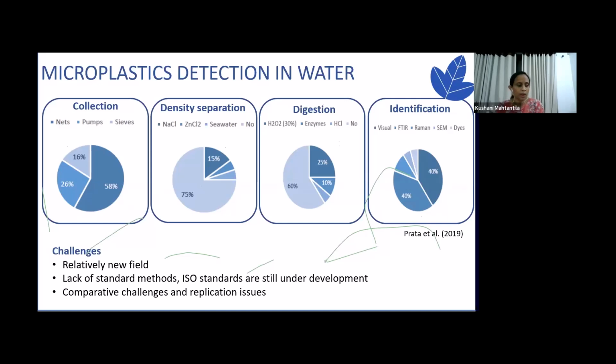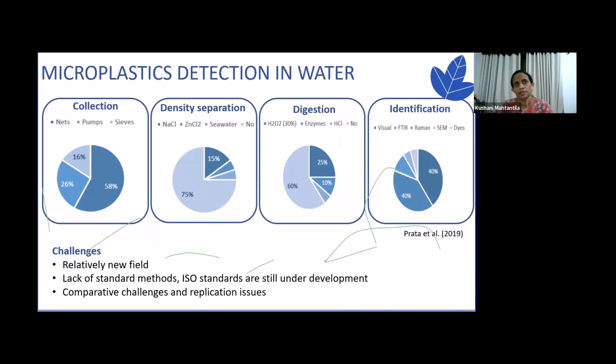They are the analysis of microplastic in water standards, due to be published next year. So it is very difficult to compare the results. We know for the regulations, we need the baseline data, and to compare the baseline data, the research has not been done in a systematic way.